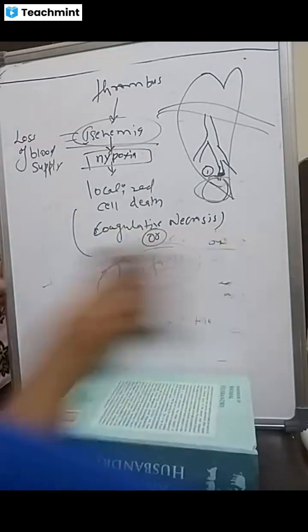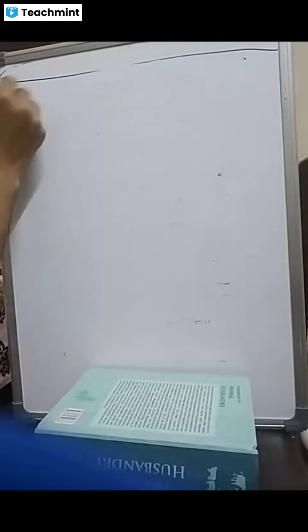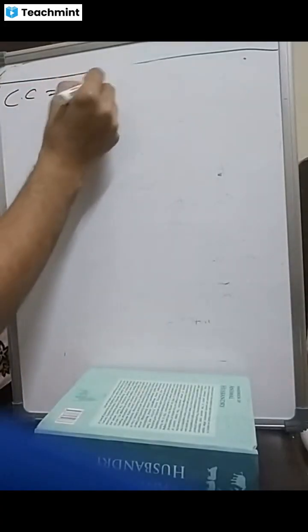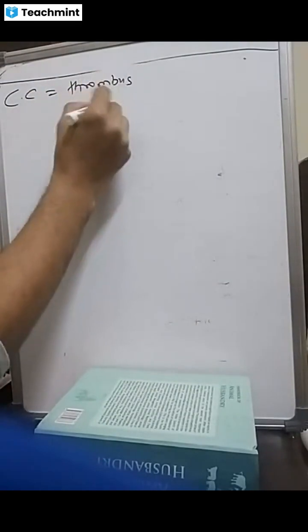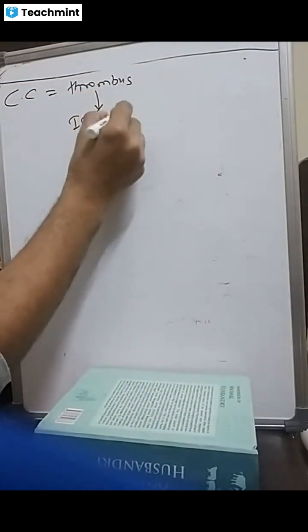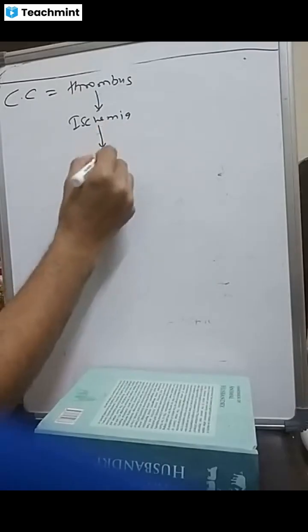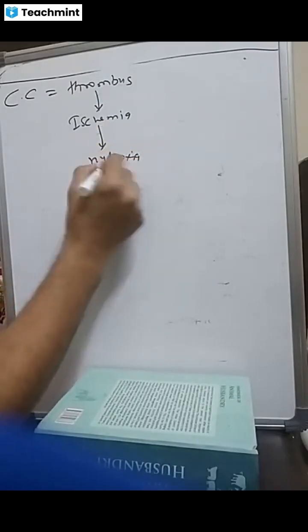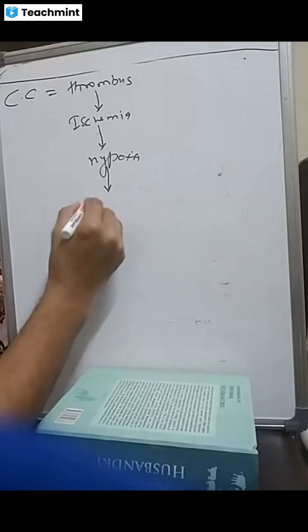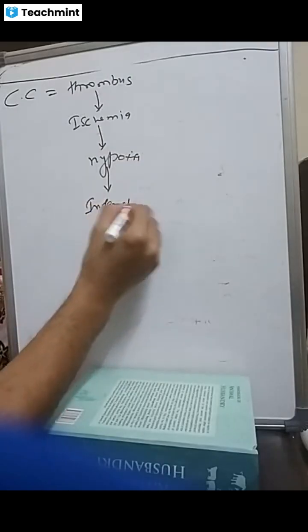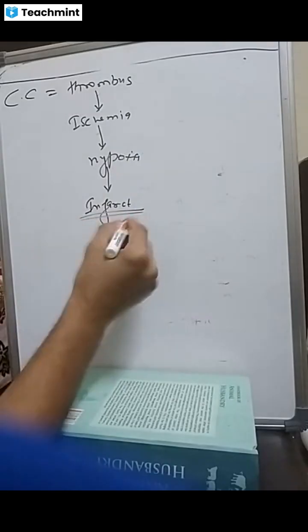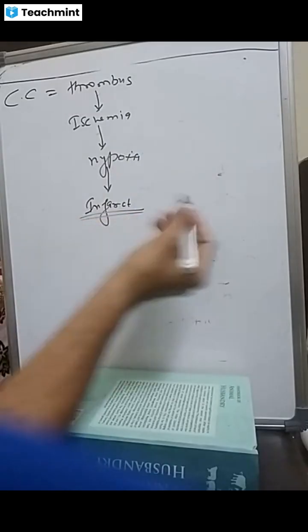So the common cause is thrombus, which leads to ischemia, less blood supply. With no blood supply there is no oxygen, which leads to hypoxia, and hypoxia leads to the infarct, nothing but coagulative necrosis.